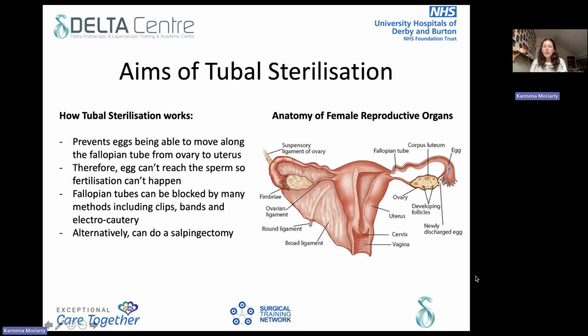So I've just got a brief summary of how tubal sterilisation works, and also a diagram of the anatomy of female reproductive organs. Essentially the aim is to cause a blockage or prevent the passage of the egg through the fallopian tube.